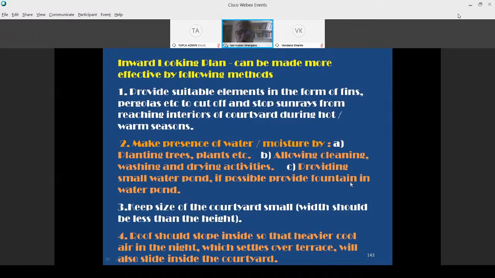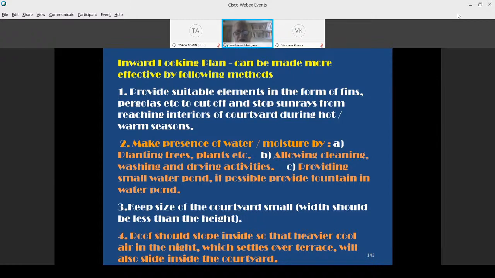One more measure. The roof of the building around this courtyard should slope slightly towards the courtyard, inward, because heavy, sorry, cool air during the night will settle, and some part will settle in this courtyard and cannot escape, because the building will find a passage through the windows in the functional spaces around.